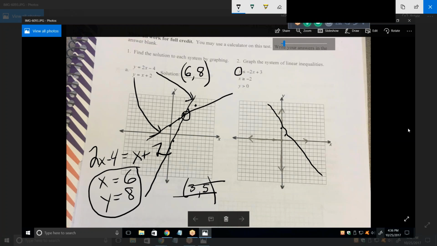Well, there's that line. Any point I find on the y-axis is less than that line. So that tells me that's the part I would shade. Now, it's true, some people might say left, but you don't want to use that terminology. The only time you ever want to say left or right is if it's a vertical line.